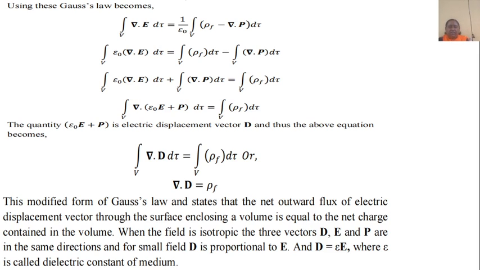When the field is isotropic, the three vectors D, E and P are in the same direction, and for small field D is proportional to E, and here D equal to epsilon into E, where epsilon is called the dielectric constant of the medium.